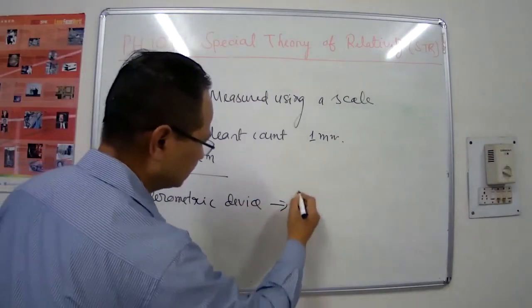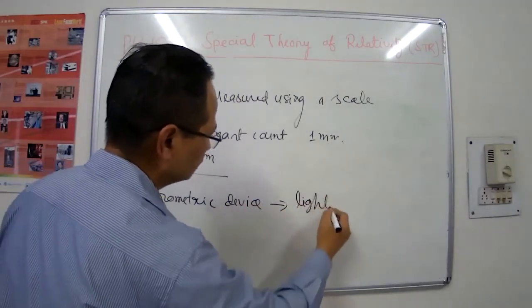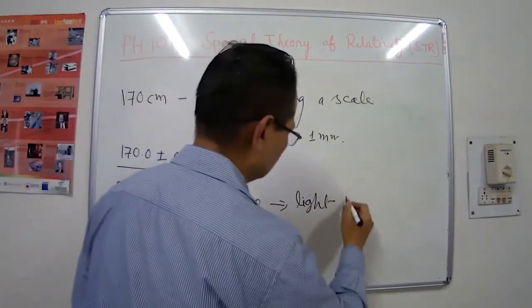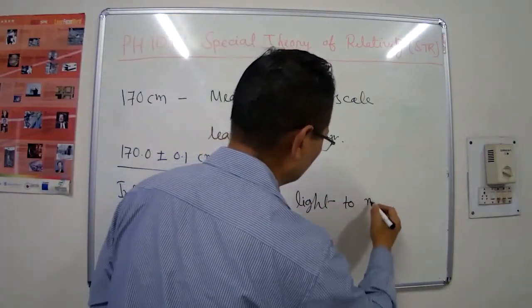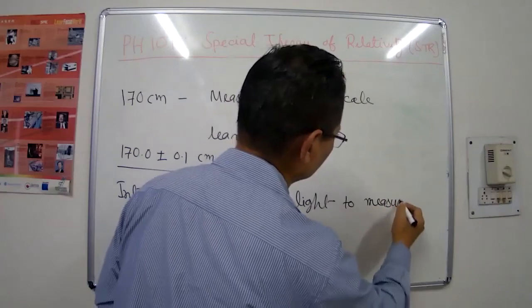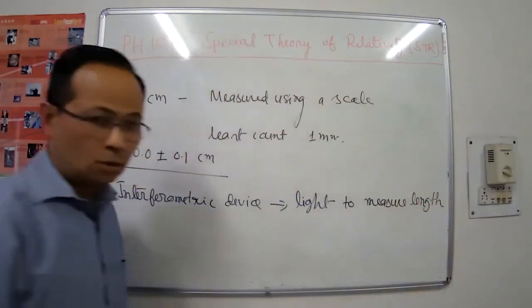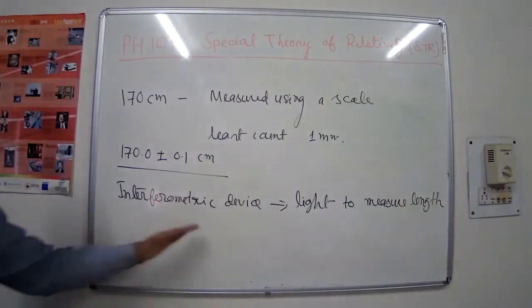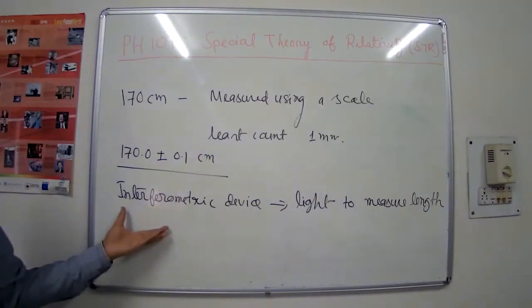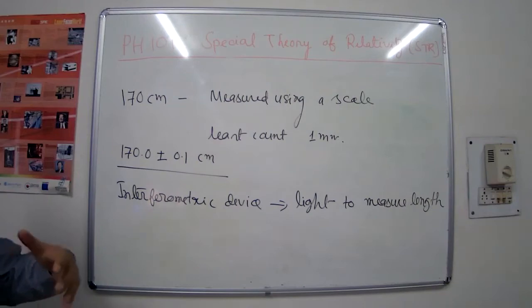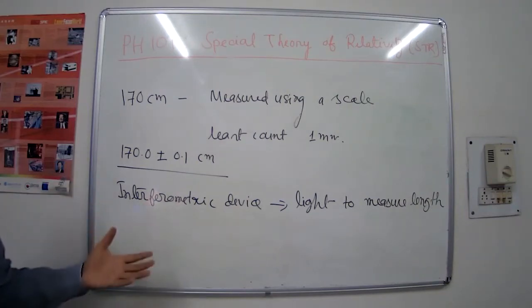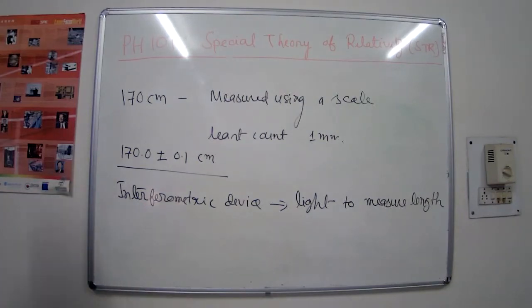This uses the sensitivity of light to measure length. So one can use light and the interference phenomenon in a device called an interferometric device to measure the length of something, and it has a very high sensitivity.